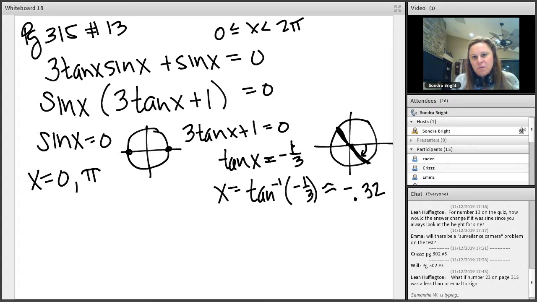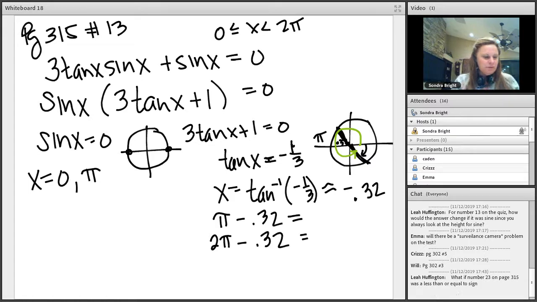So you got to go around this way. And the other thing is that this guy is 0.32. So if I take that and I go pi minus 0.32, that'll give me the quadrant 2 angle, and 2 pi minus 0.32 will give me the quadrant 4 angle.